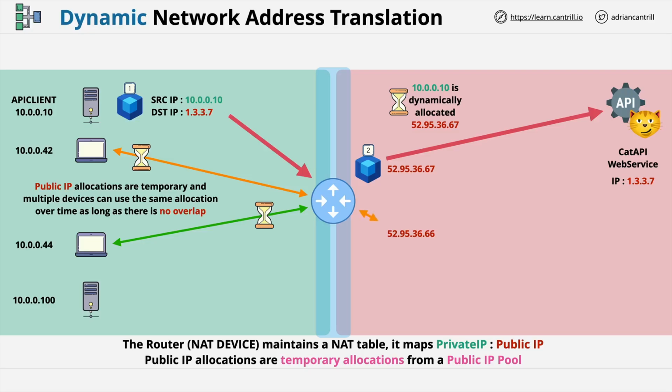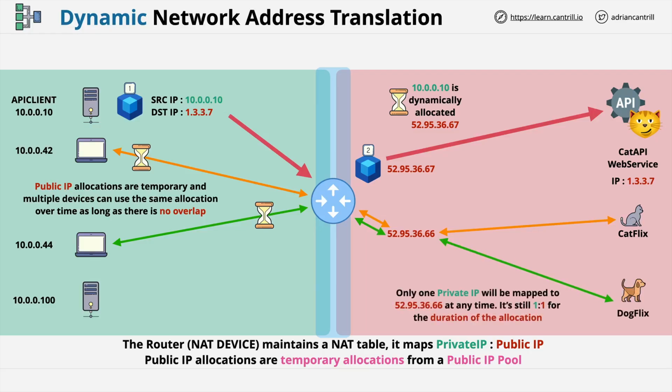In this case, the upper laptop is accessing the Catflix public service using 52.95.36.66, and then afterwards the lower laptop is using the same public IP address to access the Dogflix application. With dynamic NAT, because this shared public pool of IP addresses is used, it is possible to run out of public IP addresses to allocate.